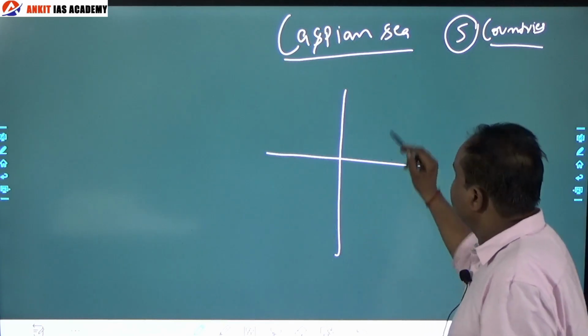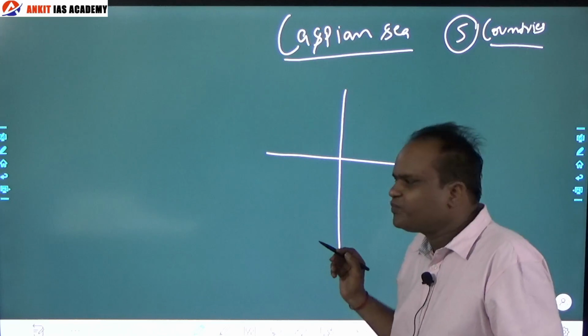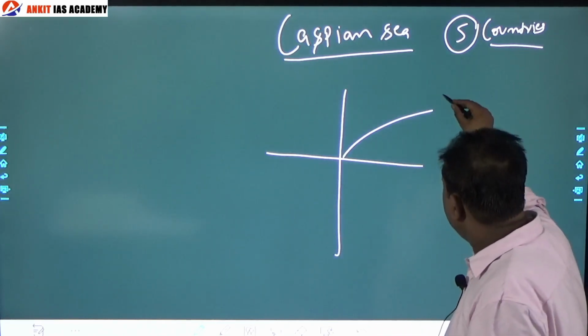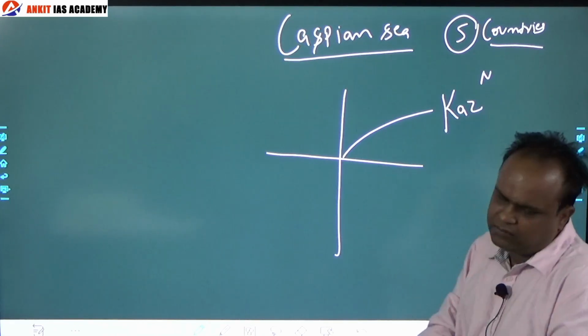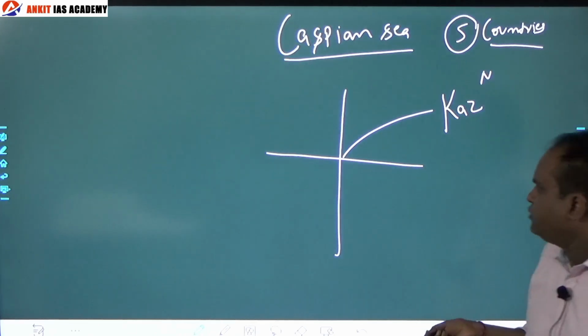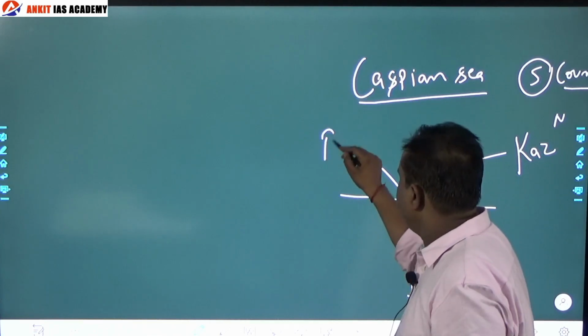Again, this is the Caspian Sea. Now this diagram is representing the Caspian Sea. To the northeast, there is Kazakhstan. And to the northwest, there is Russia.